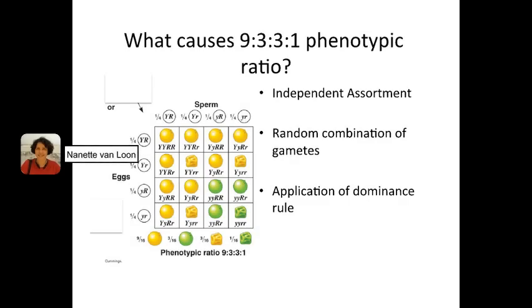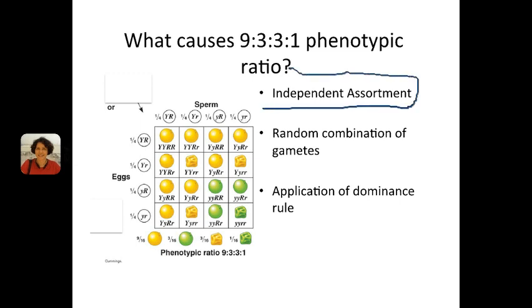We saw in the previous slide that independent assortment is responsible for the fact that each parent in a dihybrid cross is going to give you this combination of gametes: a quarter big Y, big R, a quarter big Y, little r, a quarter little y, big R, and a quarter little y, little r.